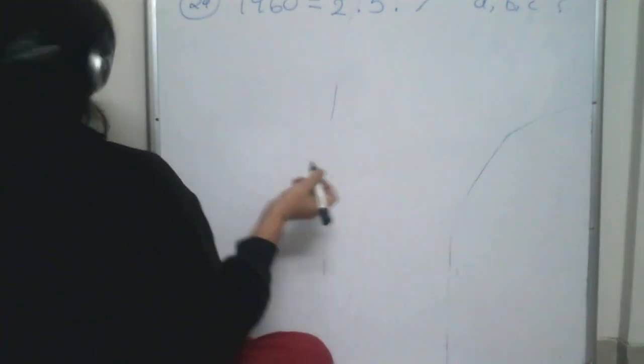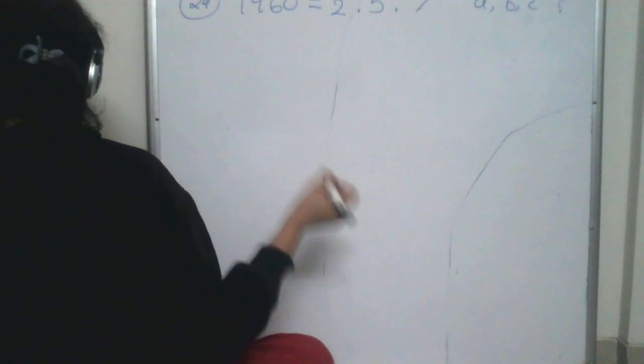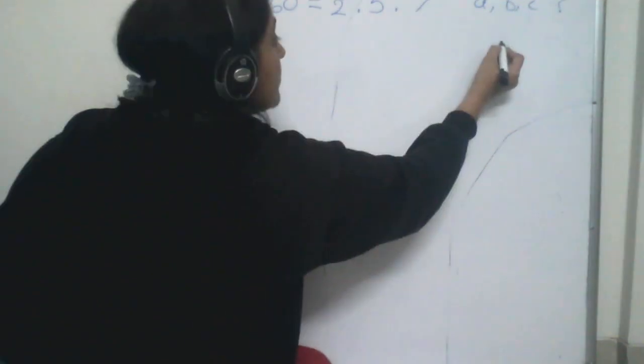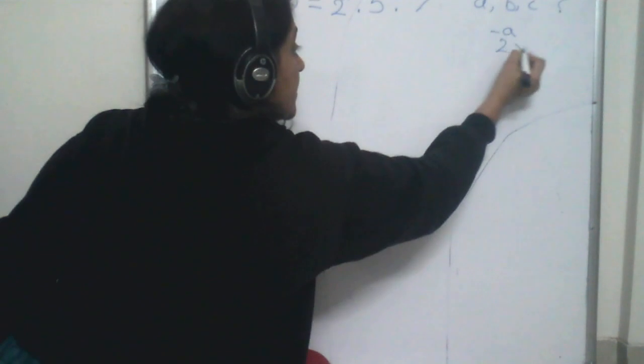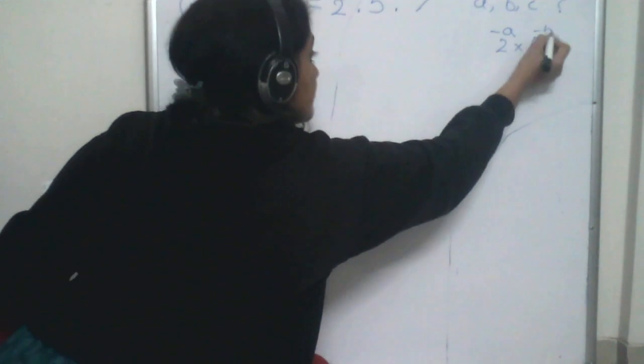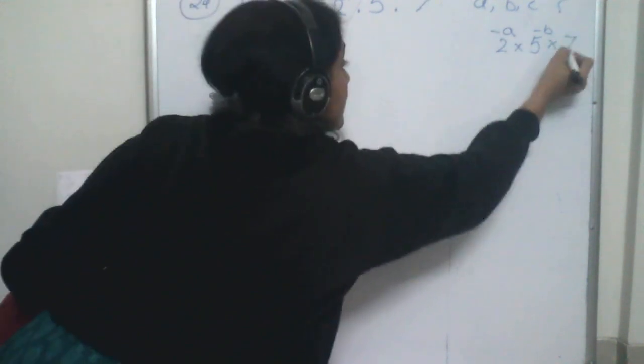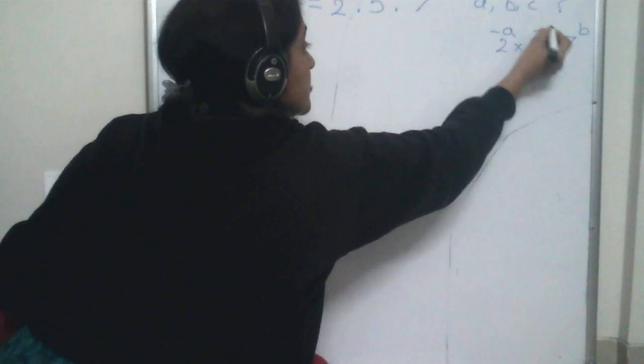And there is one more question related to this only, you have to find the value of 2 to the power a minus a into 5 to the power minus b into 7 to the power c. Oh, this was c and this is b.